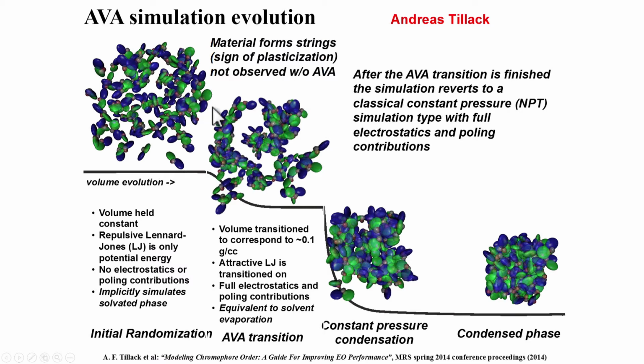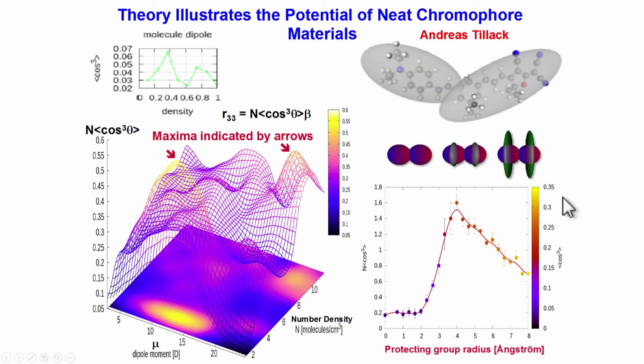And one way to get around this computationally and to gain insight into the kinetics of material processing, for example, electric field poling that occurs in real systems, is to use what we call the adiabatic volume adjustment method, which really mimics the condensation of materials from solution or the gas phase. And so what you do is you start carrying out calculations on a less dense system and you just allow it to condense. And that tends to dramatically reduce the tendency to hang up because of strong interactions.